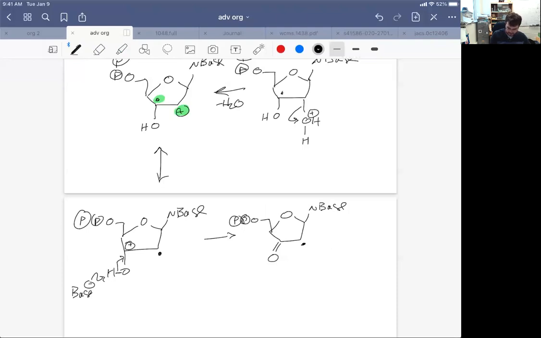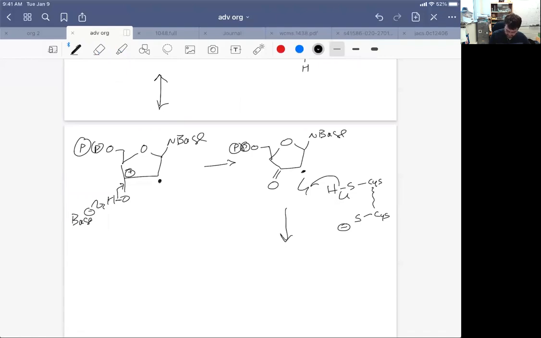Okay, now this radical is going to take a hydrogen from the sulfur that was not deprotonated on our, excuse me, that's a negative charge, isn't it? This is going to grab this hydrogen to make a radical.